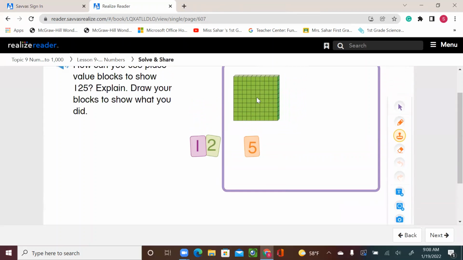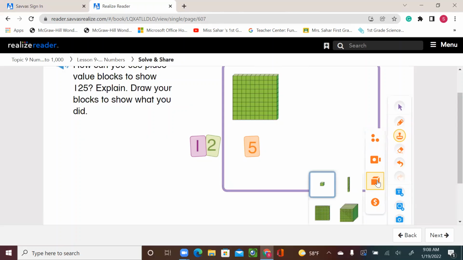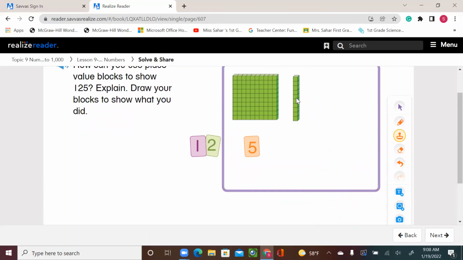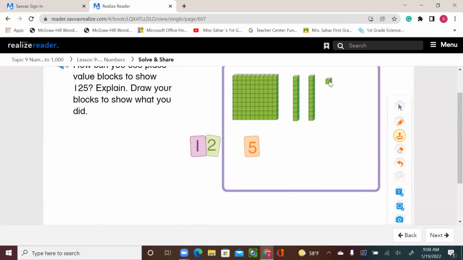So here's my 100. Okay. Number 2 is my 10s, so I have 2 tens. I'm going to put 1, 2. Very good. What's left? The ones. Need 5 ones. 1, 2, 3, 4, 5.